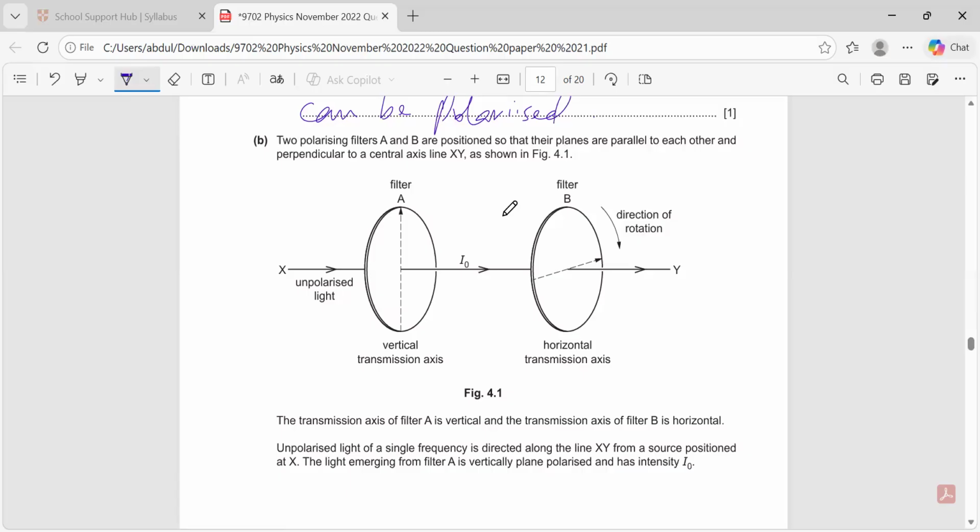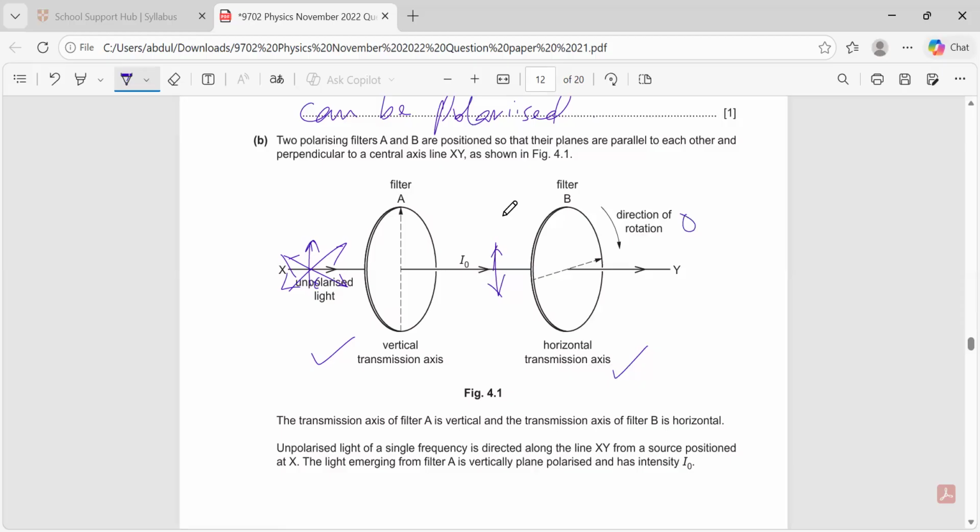One has a vertical transmission axis, the other a horizontal transmission axis. Here, unpolarized light will be in all planes. Here it is a vertical filter, so only vertical light will be there. Then here it is horizontal, so basically nothing will come.